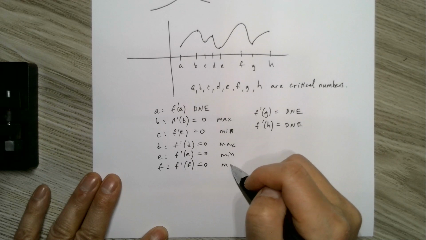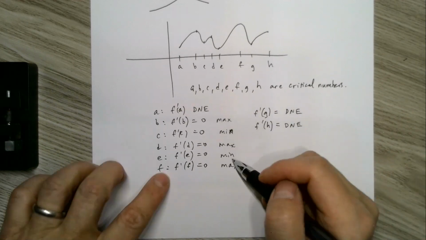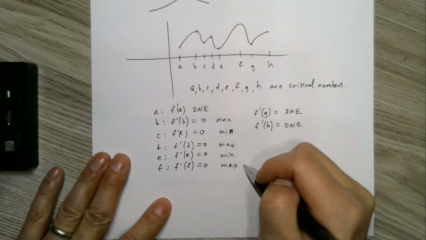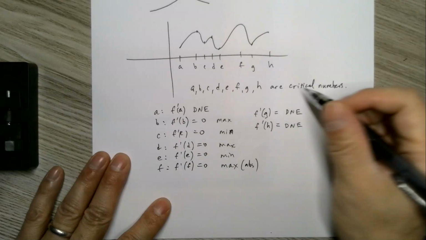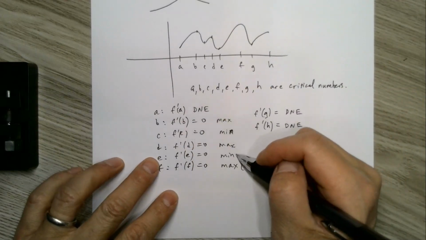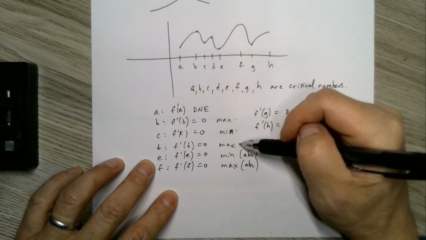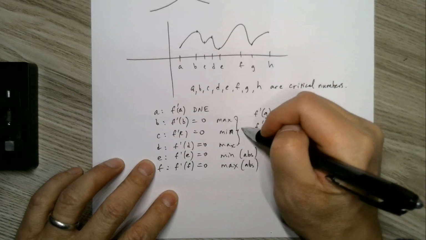That's a max. And the one at F, that's an absolute max. And I didn't draw this very clearly, but I think the E is supposed to be the absolute min. And the other three here, these are local.